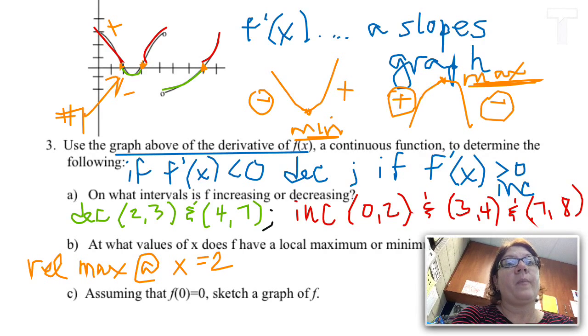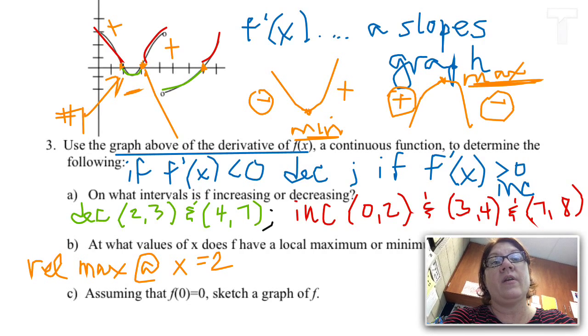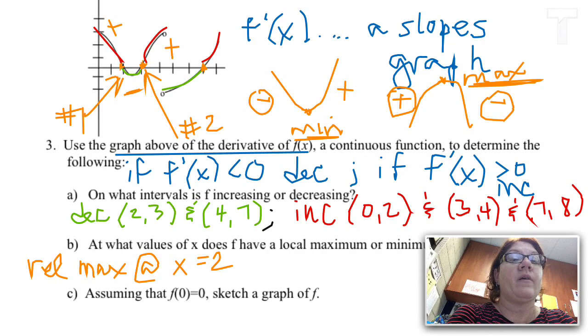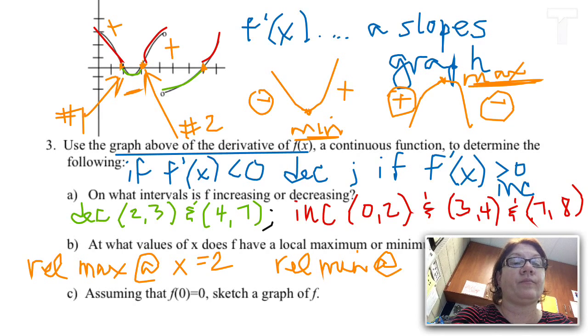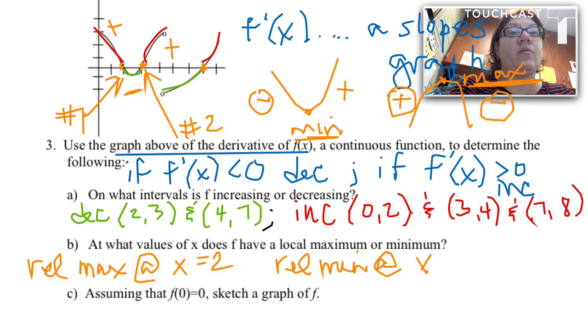And then on the next piece, I'm going from negative to positive. So that would be a relative min for spot number 2. So a relative min at x equals 3.